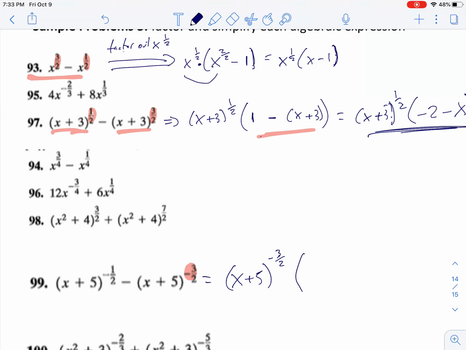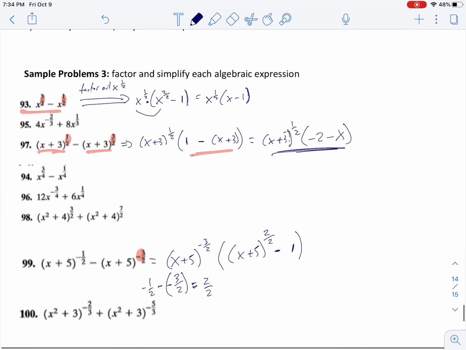Now, that means I am taking away negative 3/2 from negative 1/2, which isn't it the same thing as adding? Yeah, so that gives me 2/2. So that ends up being x plus 5 to the 2/2 minus 1.